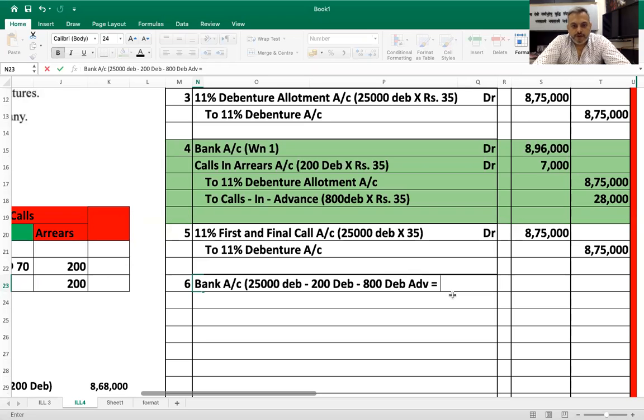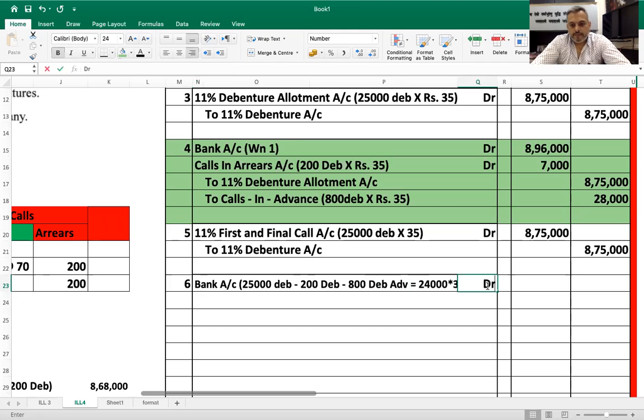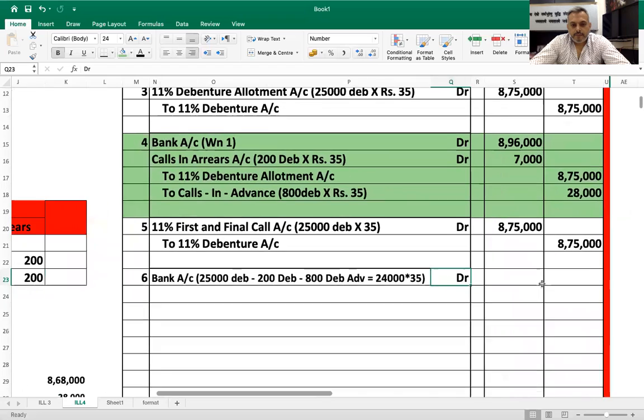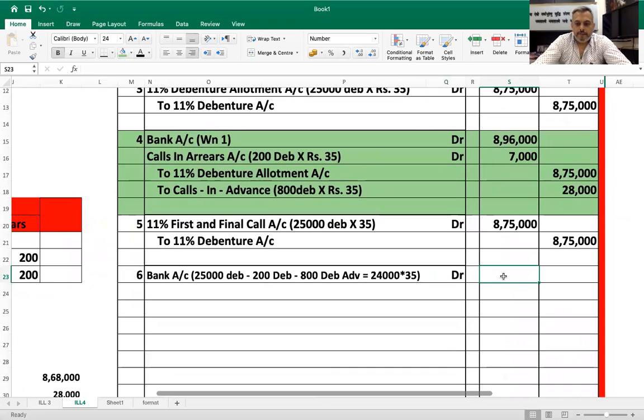So which is equal to 25,000 minus 800 minus 200 is 24,000 into 35. So bank account debit amount comes to 24,000 into 35, so 8,40,000.